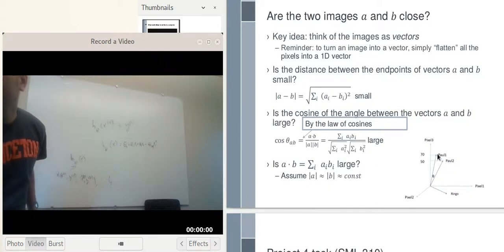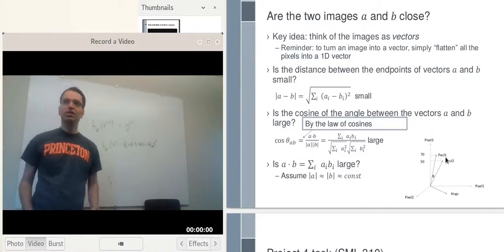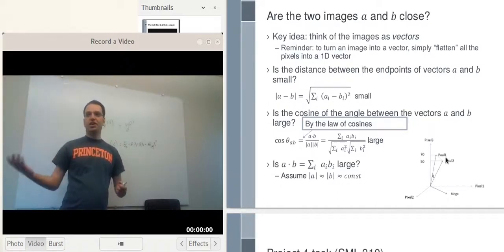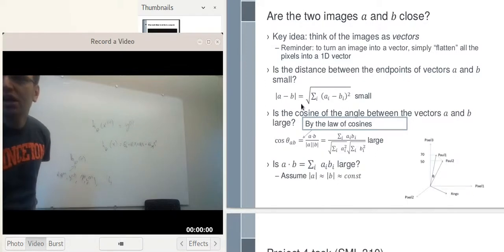This would correspond to the length of this vector that's connecting Paul 1 and Paul 2 in this case. There is a formula for that. If A is a vector and B is a vector, you can compute the sum of the squared differences between the individual coordinates of those vectors, take the square root, and that would be the distance between the endpoints of the two vectors.